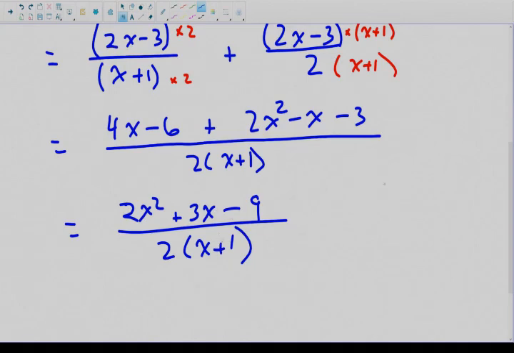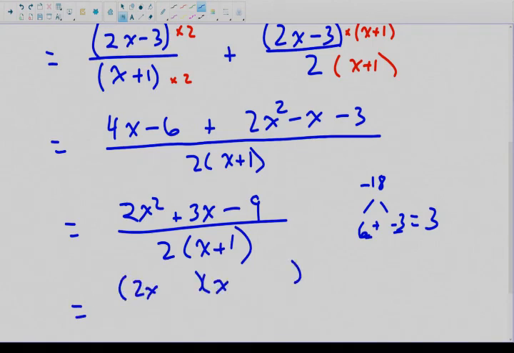So what is our top factoring going to look like? So we have negative 18. We need two numbers that multiply to negative 18 and add to 3. Those two numbers would be positive 6 and negative 3. So that top does factor. So we're going to have 2x times x, and then 2x times what equals 6.